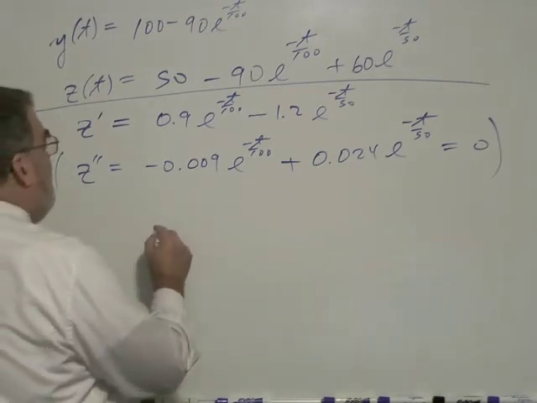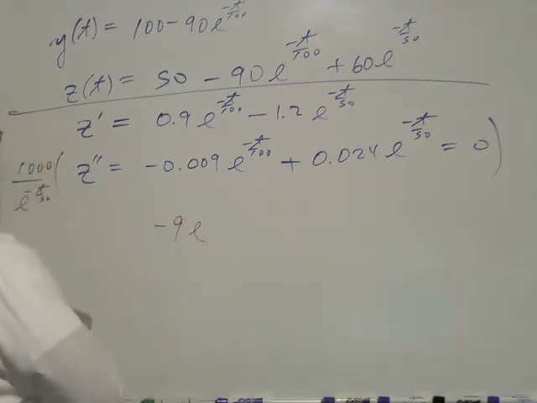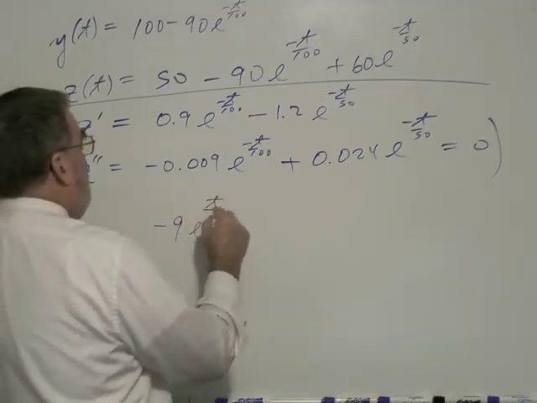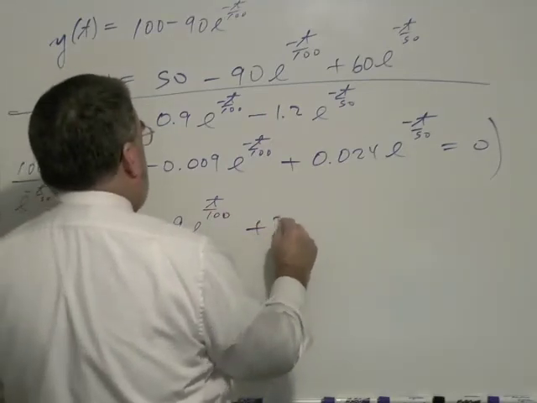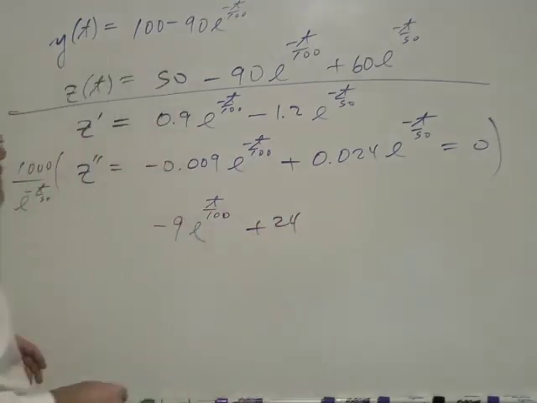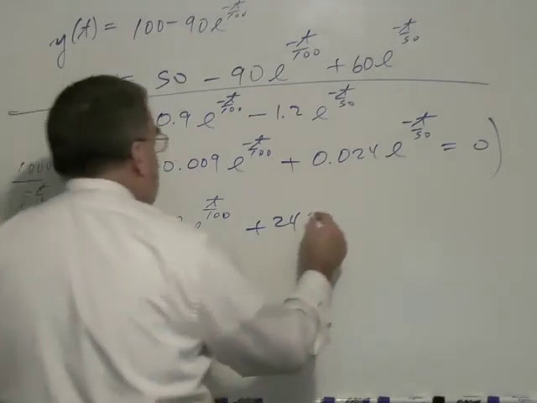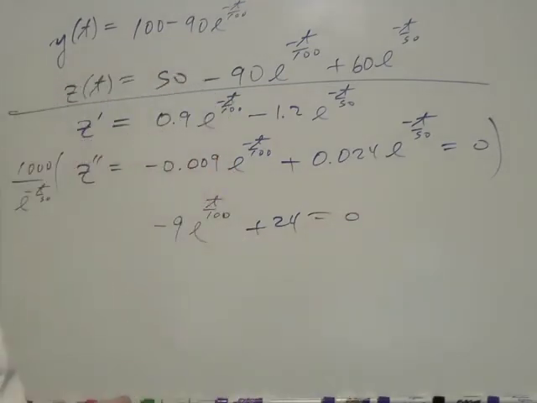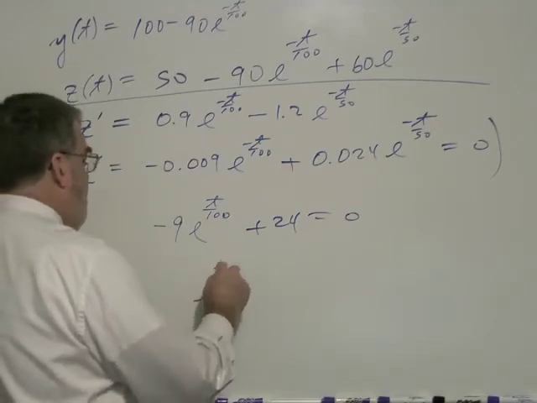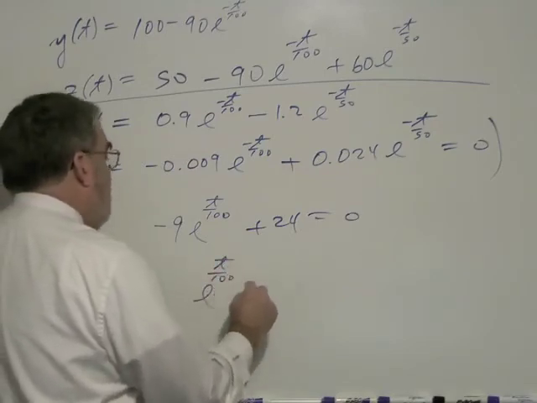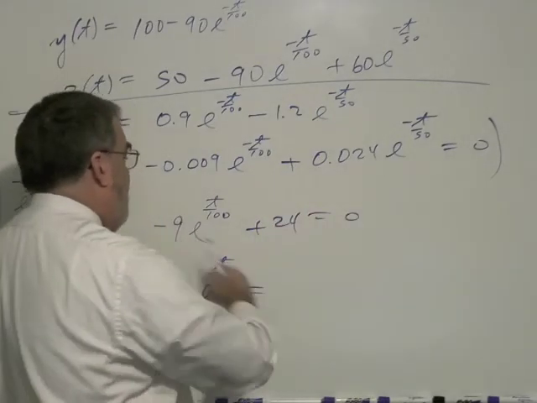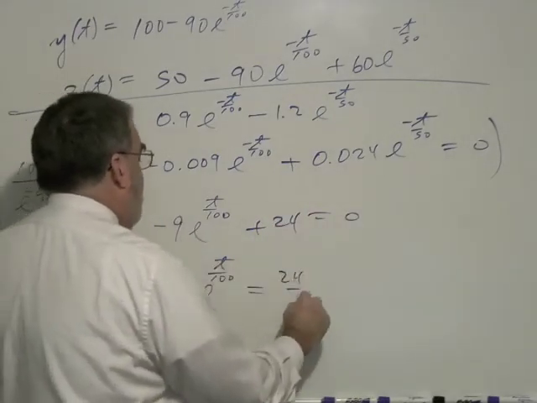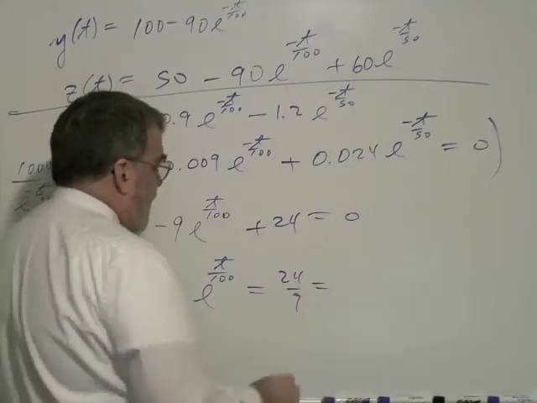So this comes out to be minus 9 e to the, what was that? t over 100, wasn't it? t over 100. And then plus 24 equals 0. So e to the t over 100 equals, I'm going to put the 24 on the right side, divide by negative 9, I have 24 ninths, or we could simplify that to 8/3.